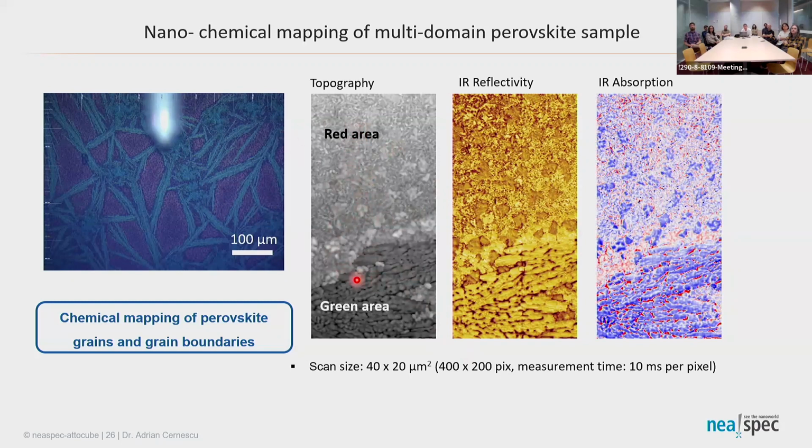I call red and green area because I don't know exactly what was the difference in this perovskite, but you see a clear contrast difference and the distribution of the variation of the chemical composition from the grains to the grain boundaries in this perovskite sample.